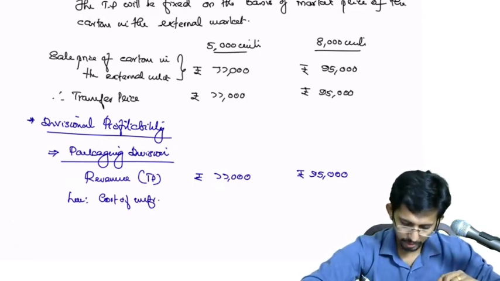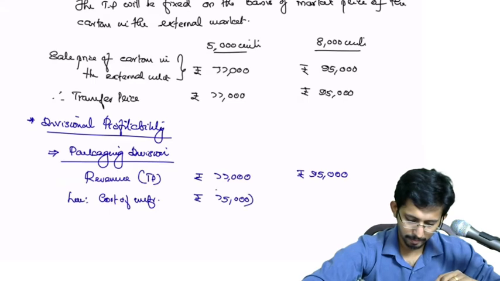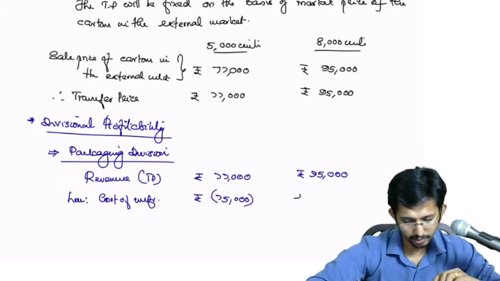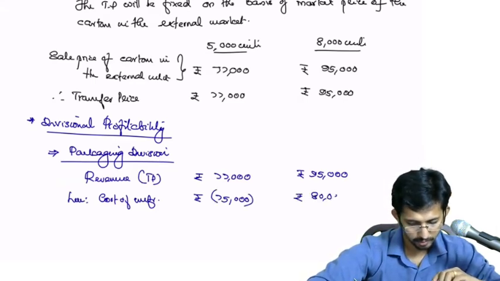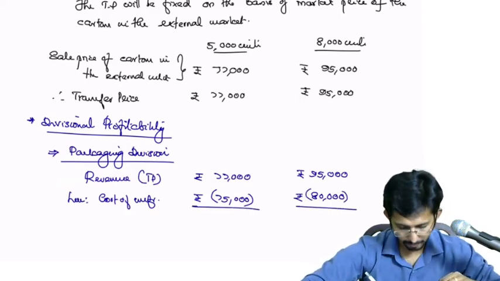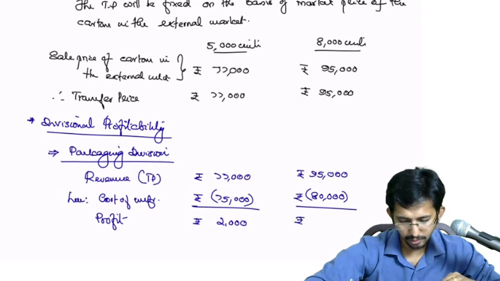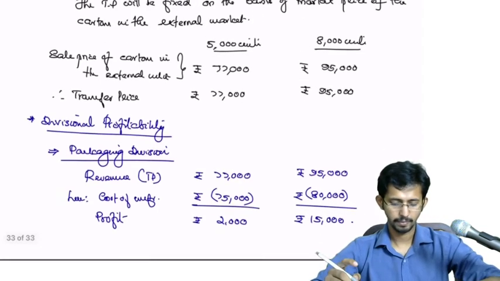How much? 75,000 and here it is 80,000. Okay, so profit for packaging division will be rupees 2,000 here and rupees 15,000 here. Okay, and same in the case of the other division, that is manufacturing division.